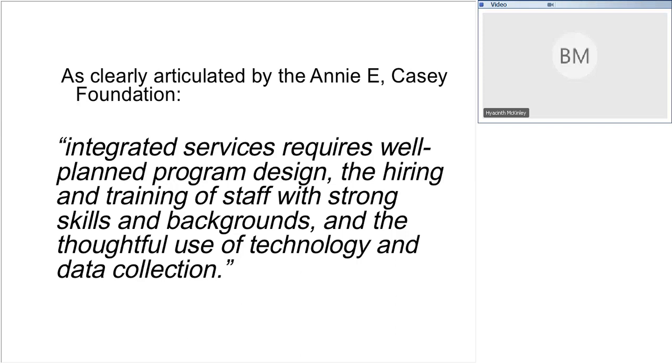You have to understand what the program is going to look like when you move forward. And then you have to have staff that are able to deliver the programs. And then you have to have a thoughtful use of technology and data collection. So both technology and data collection come into play for our discussion about the data-centric organizations.